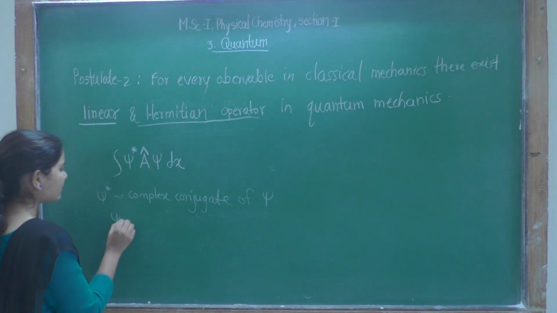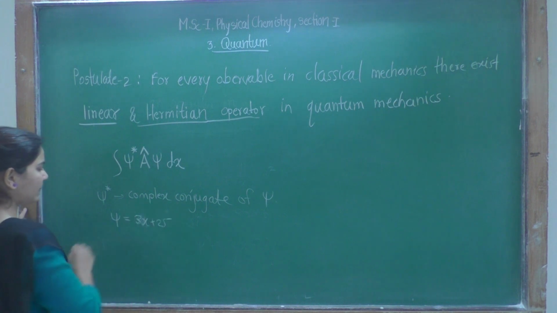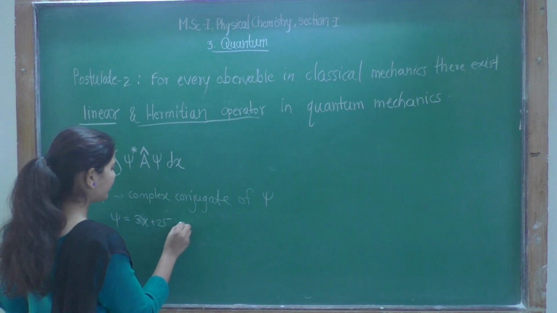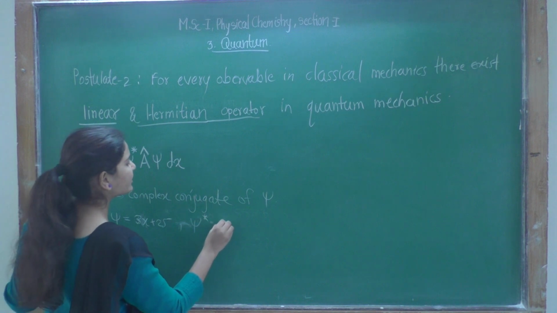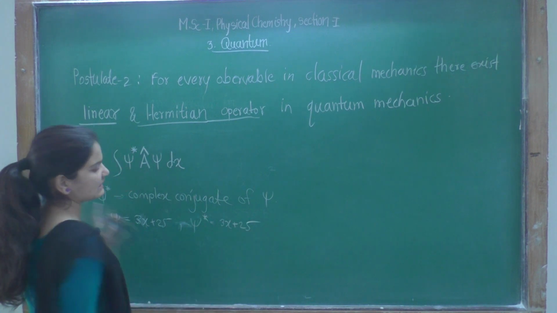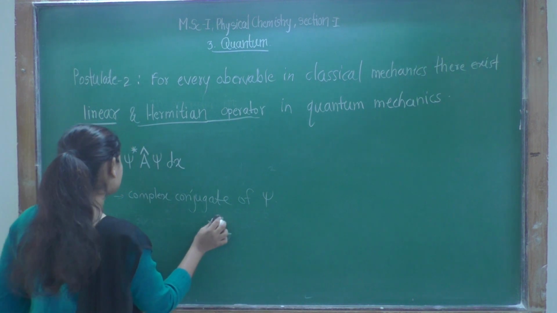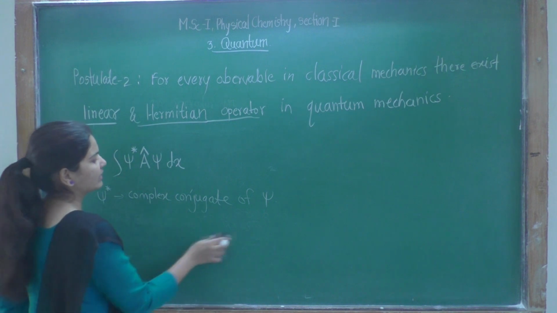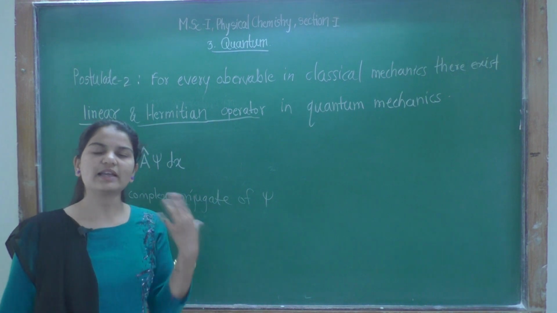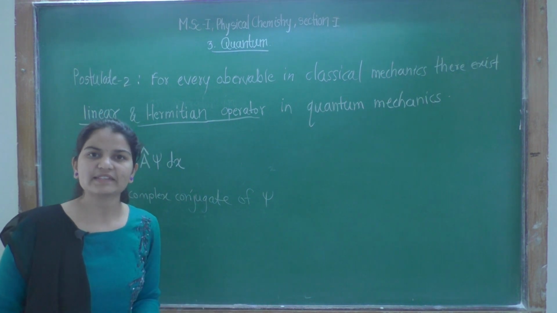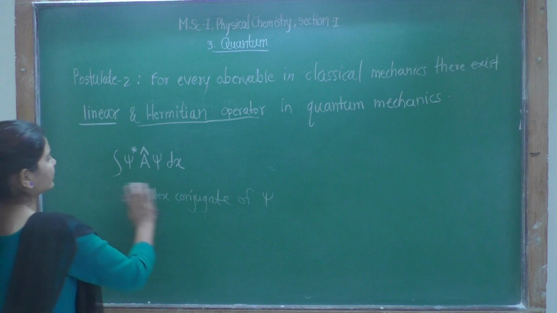But if we have psi equal to 3x plus 25 and x is real, then what will be psi star? Psi star will be 3x plus 25 as it is. There will be no change. So for real numbers, the complex conjugate is the same as the number, while for complex numbers, the complex conjugate will be just the negative of the imaginary part.